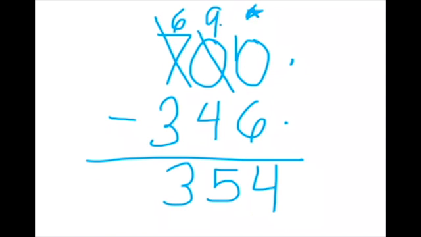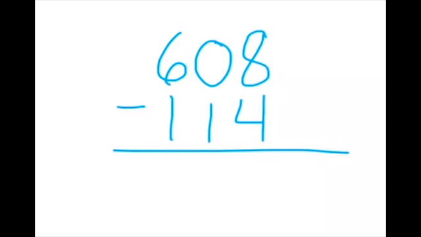So I'm going to have us practice one more together. If you see just one 0 in the problem, and this time it's going to be in the tens place, I will show you that one now. So with this problem, I have 608 minus 114. This time I have a 0 in the middle of our problem.